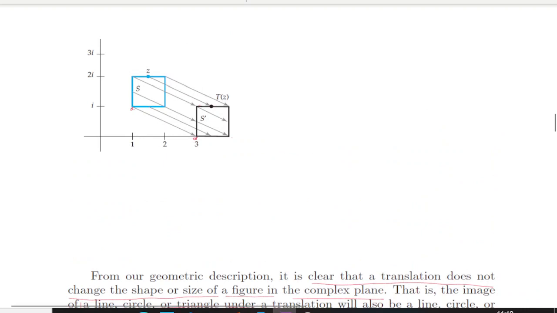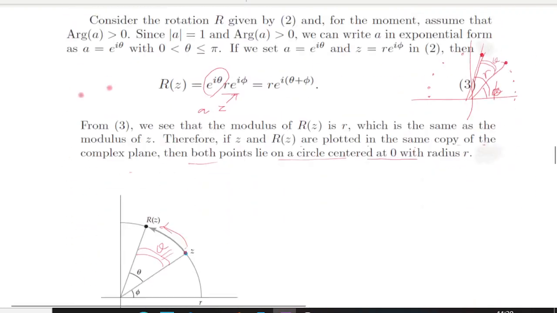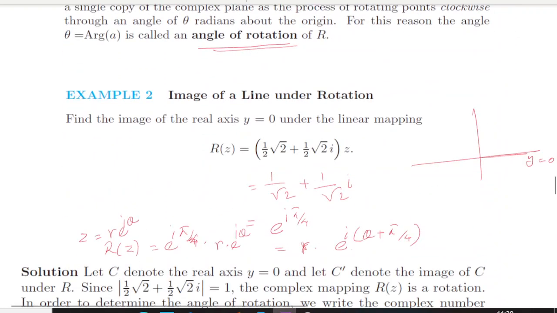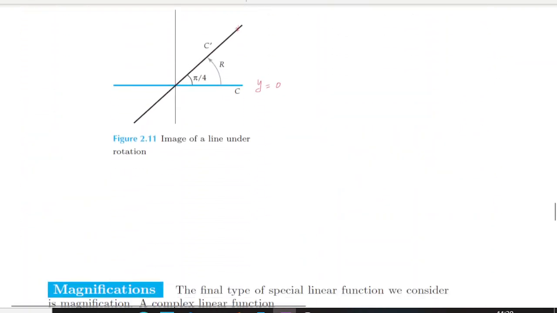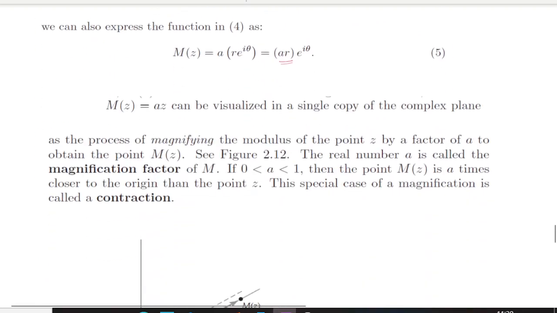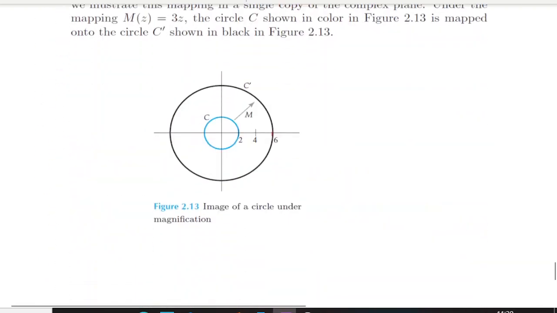So even though you are translating a square to some other position, you are getting the same square, right? And next one, we have seen rotation, right? When you are rotating the line y equal to 0, again you are getting a line. And in the magnification case, we have seen that whenever you have a circle, and when you are magnifying it, again you are getting a circle only.